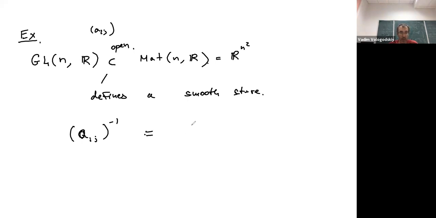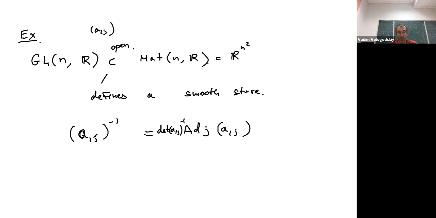It's equal to the adjoint matrix multiplied by the determinant of a_ij inverse.